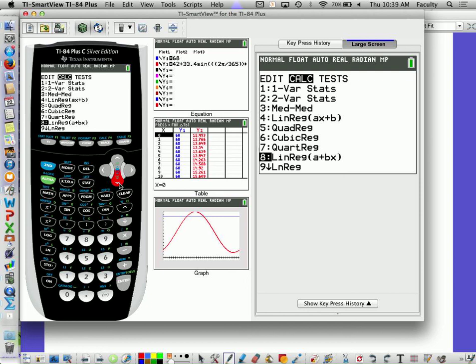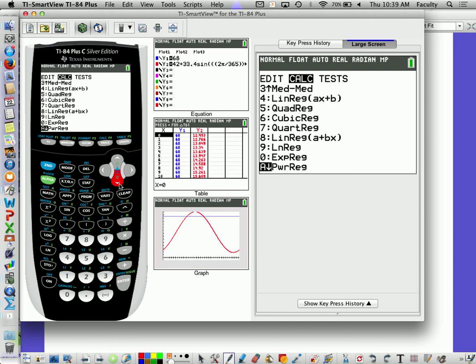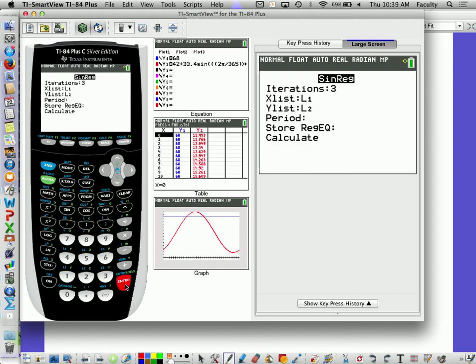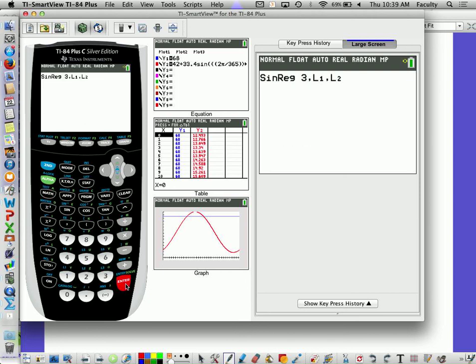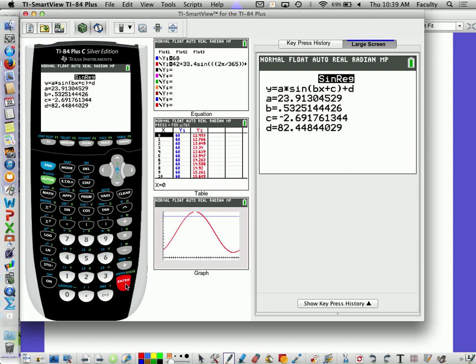So let's keep going and just look at some of these. So exponential regression means a times b to the x. Power regression, logistic, and then there's the sine. You should be able to just press enter. And then what I want you to notice is their general equation is a little different than the one I have. This says y equals a times sine the quantity bx plus c plus d.